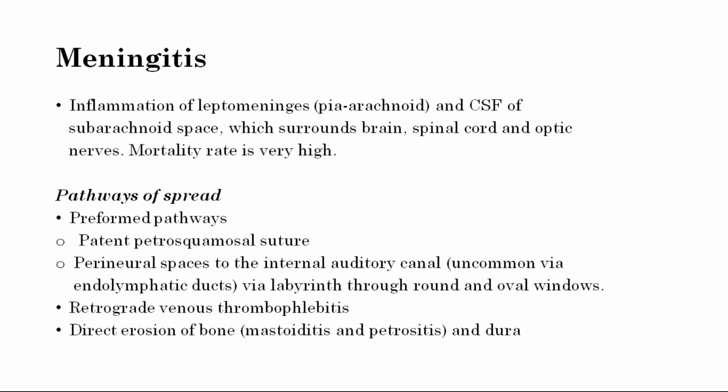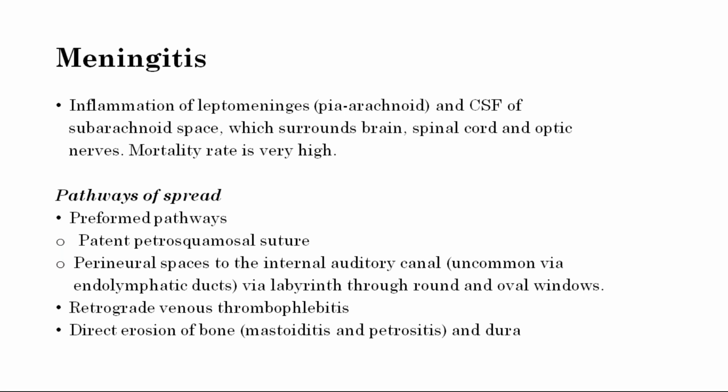That is called xanthochromia. When you send the CSF for culture, for gram staining, and for the biochemical study, so three things we do: the culture, a gram stain, and a biochemical study, and we do a cell count.